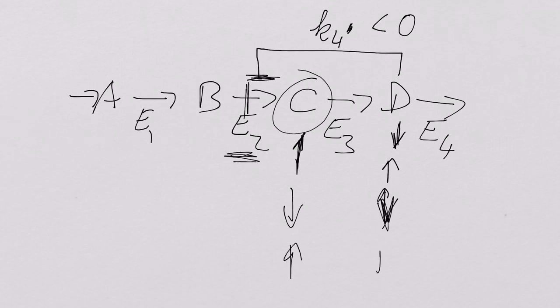Goes up, goes up. Do you see what happens here? This D actually regulates very finely in relation to the demand. It keeps the entire pathway in a nice steady state. This is the basis of life.